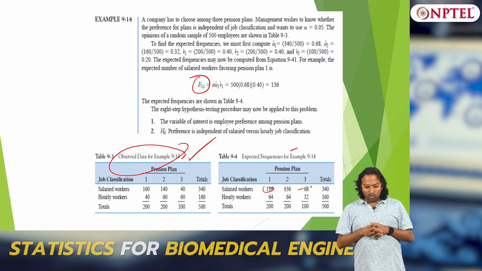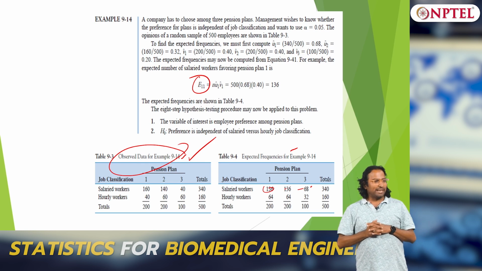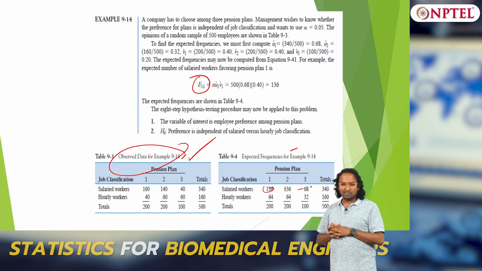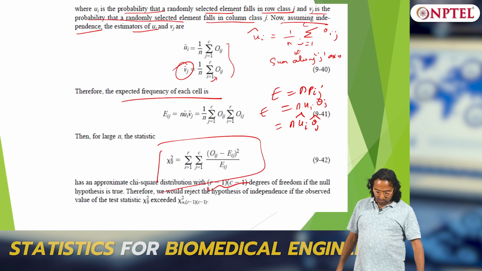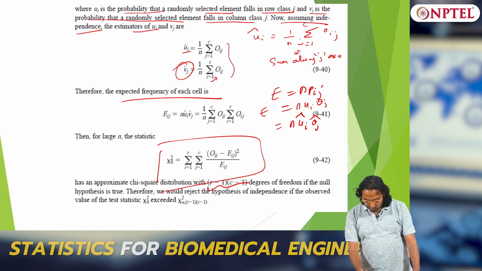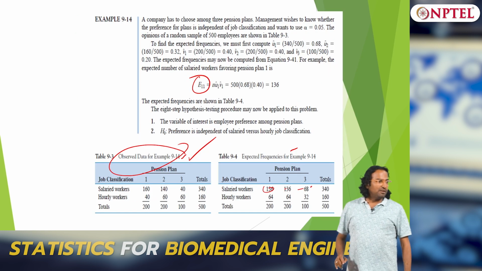So we have to compute u1 hat, u2 hat, u3 hat, and similarly v1 hat, v2 hat, v3 hat. How do you compute u1 hat? u1 hat is nothing but 1 over n summation over j equals 1 to c of Oij for that particular row.